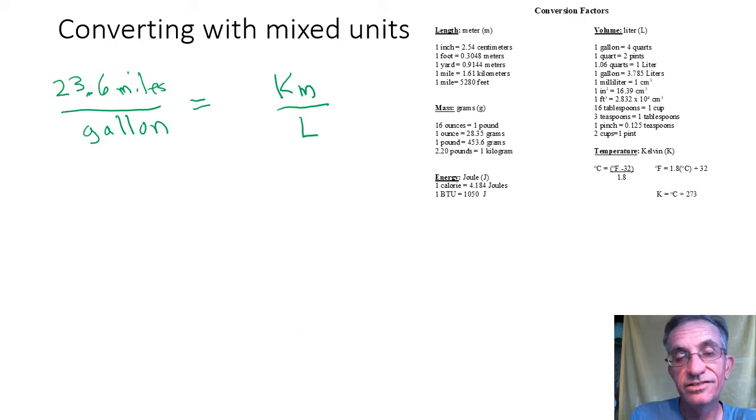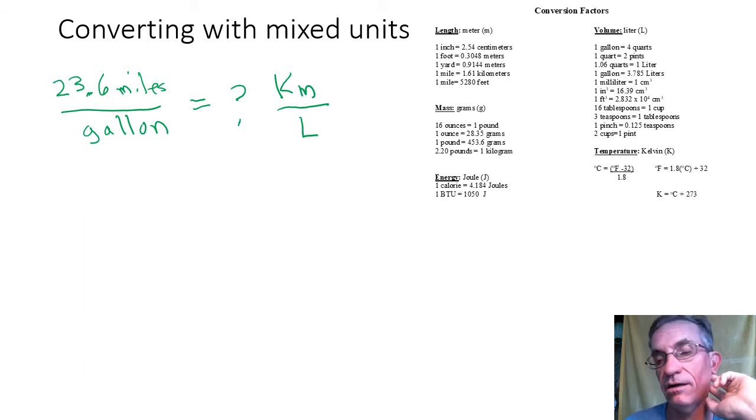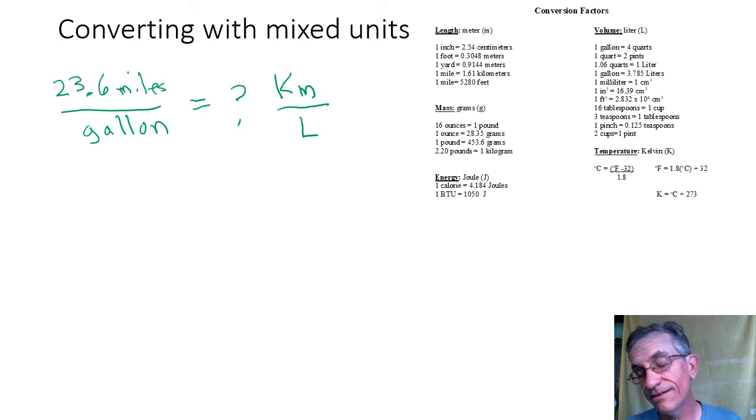So let's say I was talking to my friend in another country and I wanted to brag about how awesome my car is. And I told him it gets 23.6 miles per gallon. And they say, well, how many kilometers per liter is that? Well, we could do that. So this is a converting problem. The only difference, and the reason it's getting a little tougher, is that it's actually two converting problems.